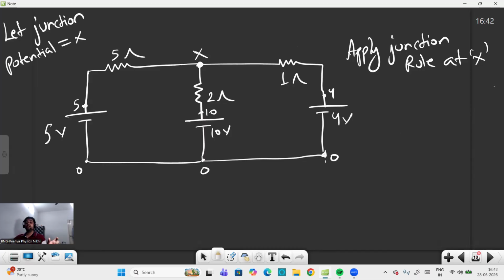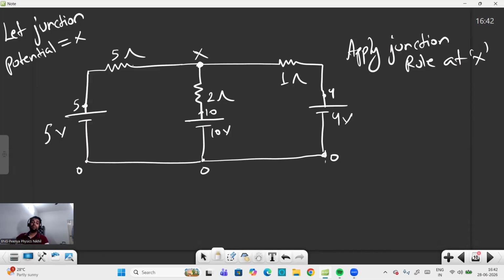And how to write the outgoing current or any current? We know Ohm's law. According to Ohm's law, V equals IR. V is the potential difference. So we can write I equals V by R, meaning potential difference divided by resistance in that particular branch. We can find the current by this.